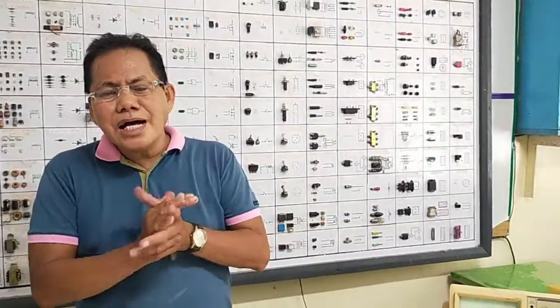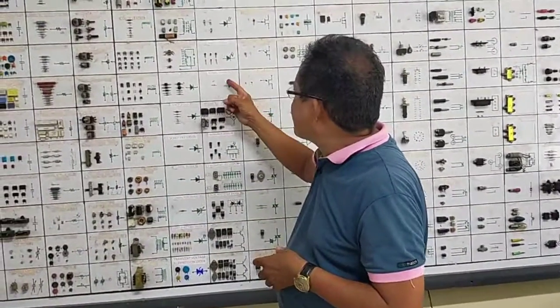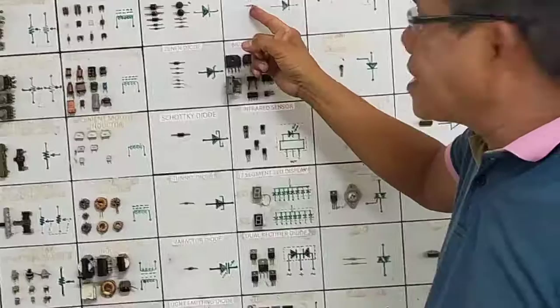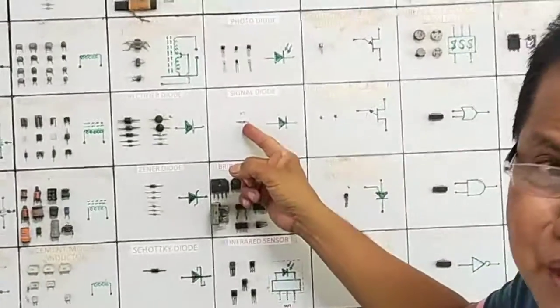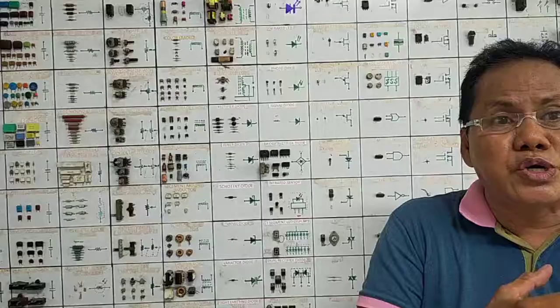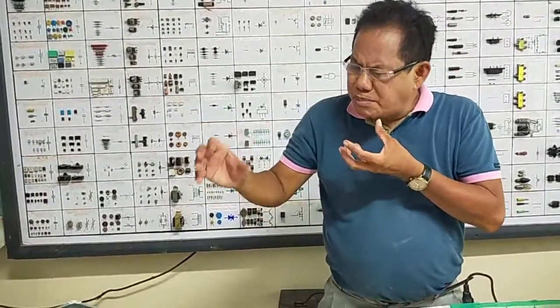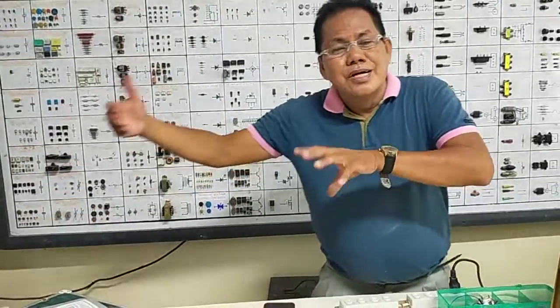Actually, for germanium diodes, we have here the signal diode, crystal. This is actually made of germanium. It is very applicable when it comes to signal detection or signal demodulation, because the amount of the signal that is inputted to the circuit is somewhat below 1 volt.